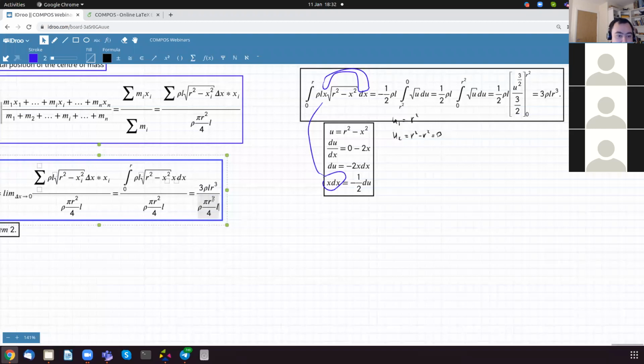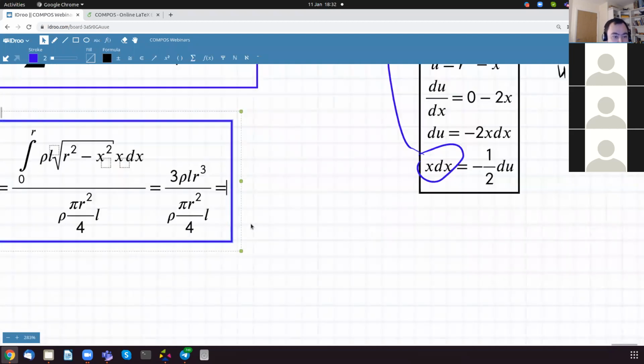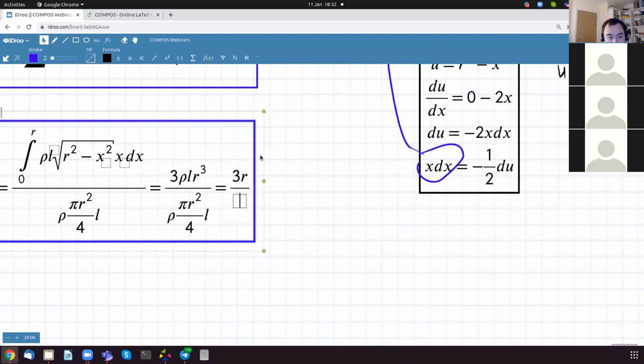So now we just carefully simplify this fraction. So rho and L cancel out, r cubed and r squared cancel out, and we're left with 3r divided by 4 pi. That doesn't seem right.